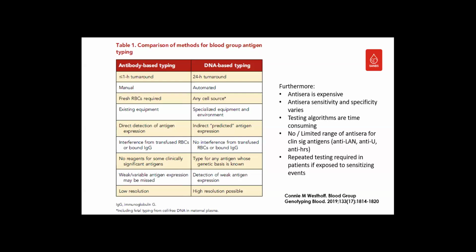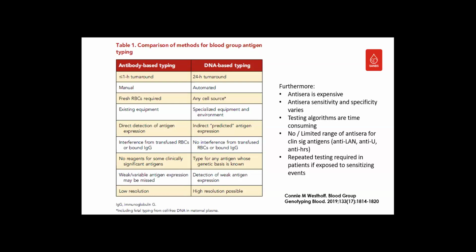In terms of serology, we know that for some more rare blood groups, there are no reagents available, no anti-sera available, or very difficult to source or very expensive. And we have for definite experienced that in our immunohematology laboratories. And these include, for example, the anti-LAN, the anti-U, and the anti-HRS.